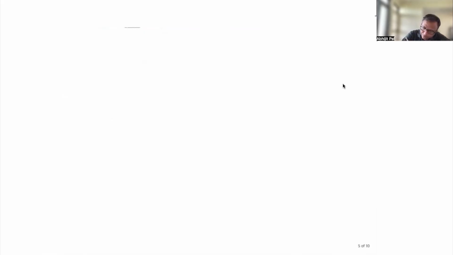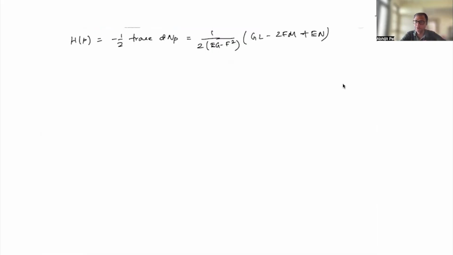And the mean curvature H_P is equal to minus half of the trace of the matrix D_P, which will be equal to 1 by 2 times (EG minus F square) multiplied by (GL minus twice FM plus EN). Okay. So we have an explicit formula of Gaussian curvature and mean curvature in terms of the coefficients of the first fundamental form and second fundamental form.